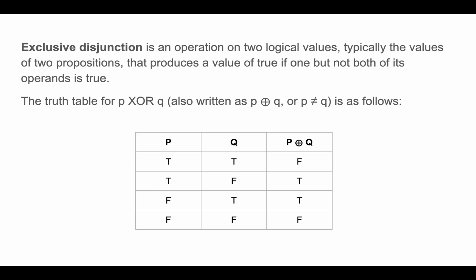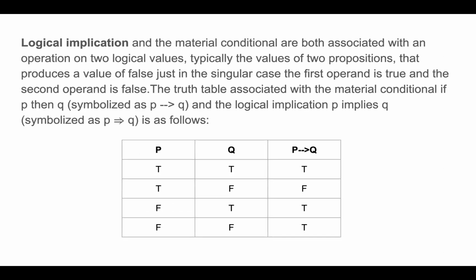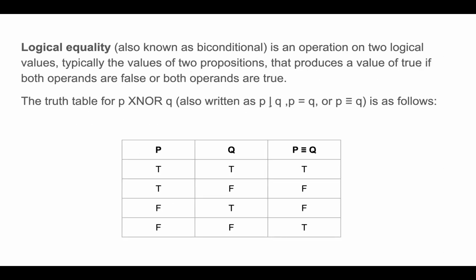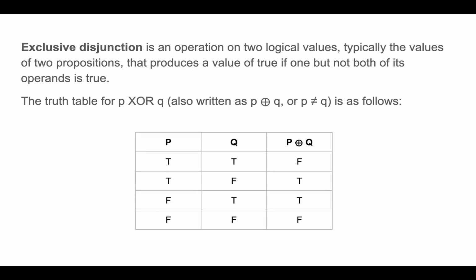Another basic operation we have like this is P biconditional Q. It is also known as logical equality or P XNOR Q. This logical equality is also known as P XNOR Q because it is the opposite of XOR.